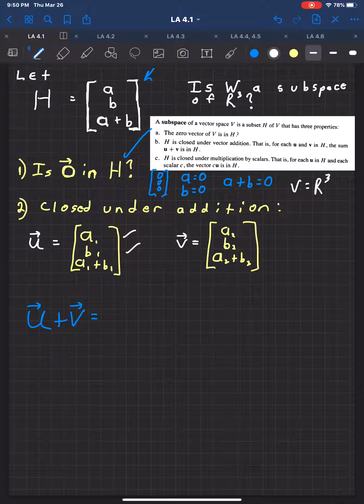So that would mean that the z value would be a sub 1 plus b sub 1. And I did the same thing for vector v, a sub 2, b sub 2. And that would mean the z value is a sub 2 plus b sub 2.